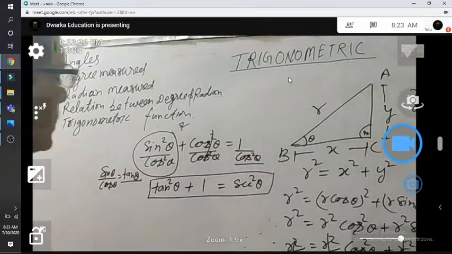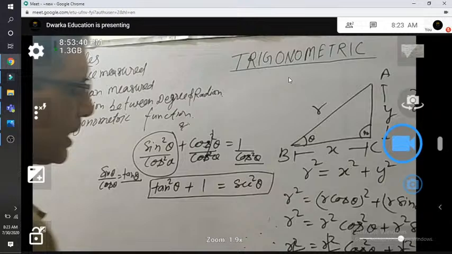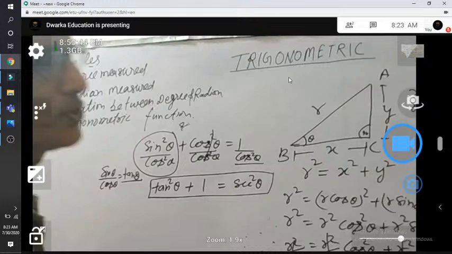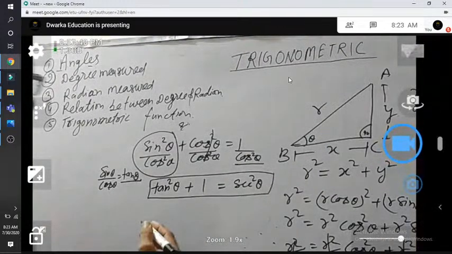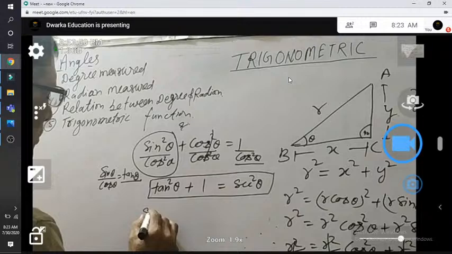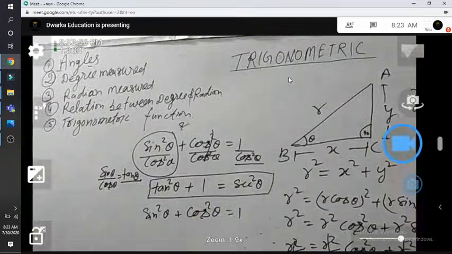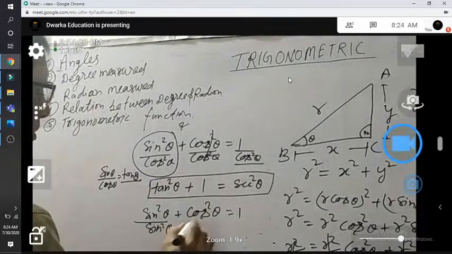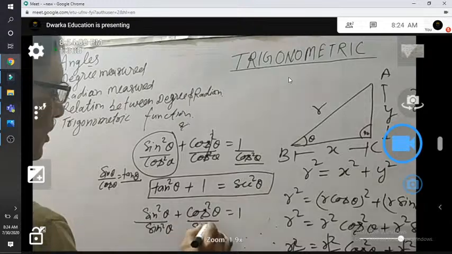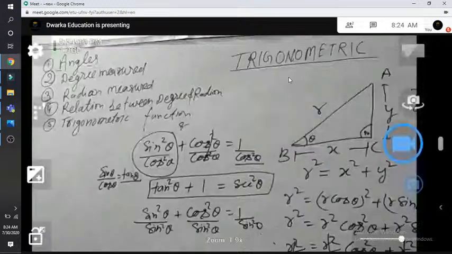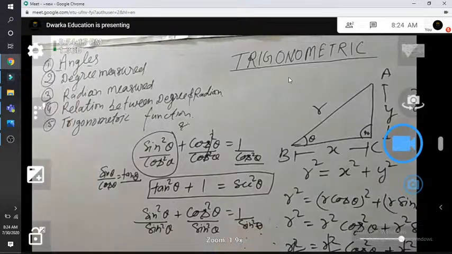In the third formula, we divide this equation by sin square theta. Take sin square theta plus cos square theta is equal to 1. We divide both sides by sin square theta. I advise all the students that every formula you should write by hand in your notebook, and then you will never forget the formula.